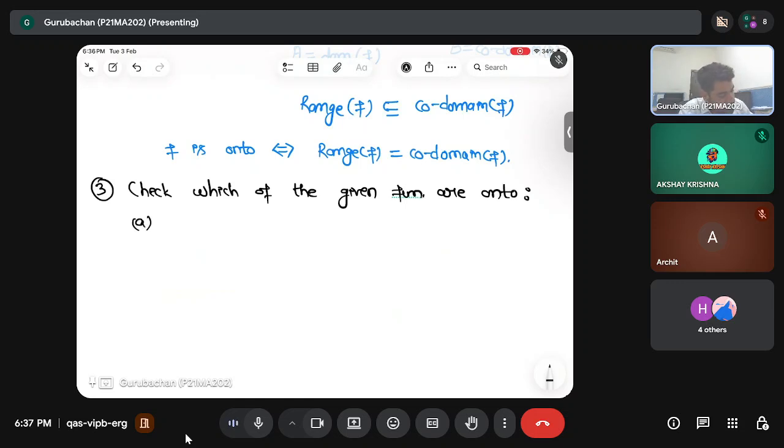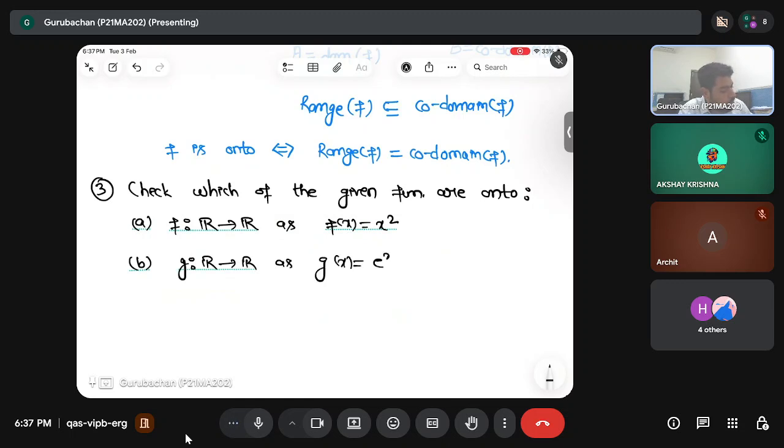The first one is f from R to R as f of x is equal to x square. Second, g from R to R as g of x is equal to e to the power x. Tell me which of the functions is onto.